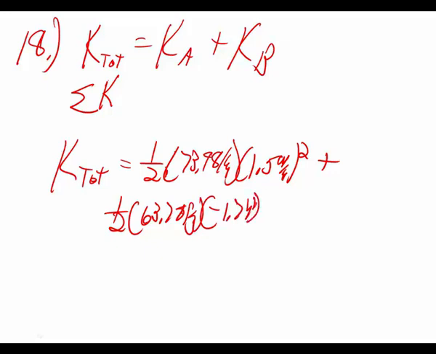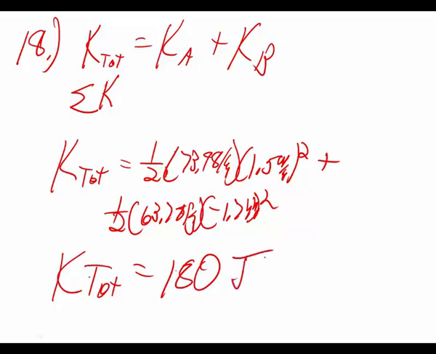Go ahead and write it in, but it's going to go away when you square it. And you get a K total of what? 179.97, okay, 180 joules.